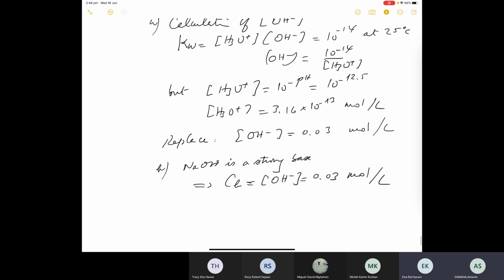I put n over V, then the number of moles. Cb equal to n over V equal to 0.03, so n is equal to 0.03 times 1, which is 0.03 mole.